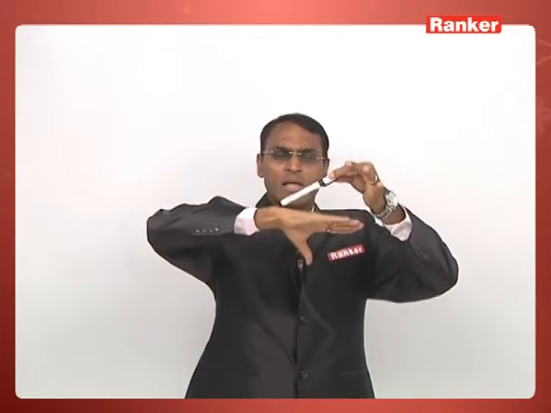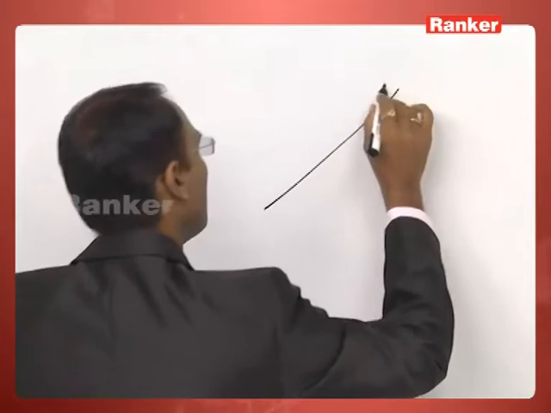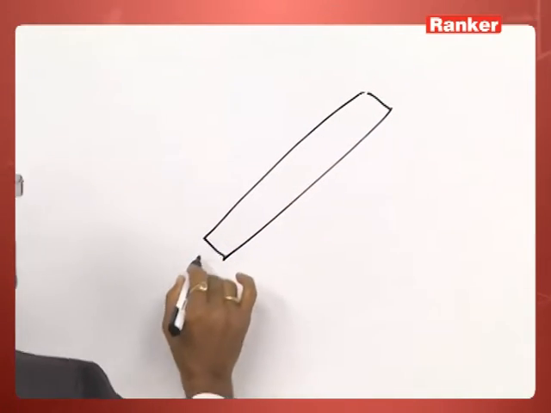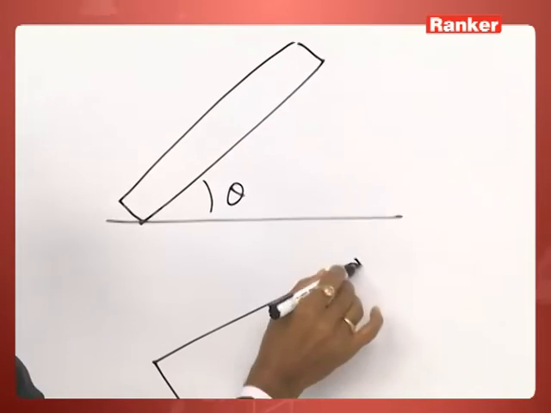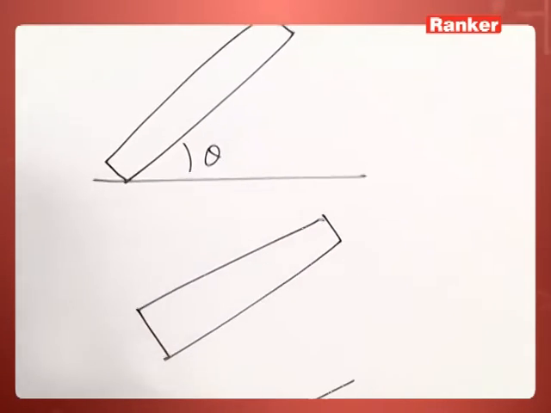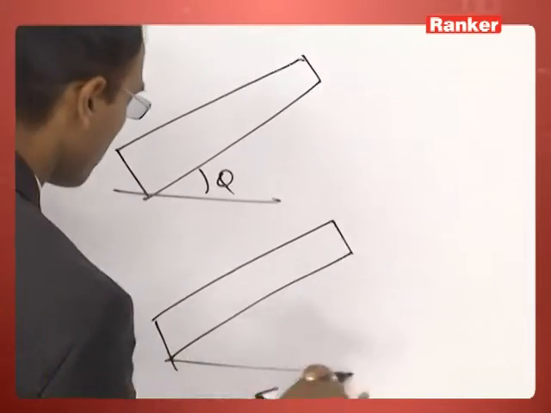While it is moving, the angle of orientation is not changing. If it is not changing its angle of orientation, then we can say that theta is constant. It moves like this, without changing its angle of orientation.